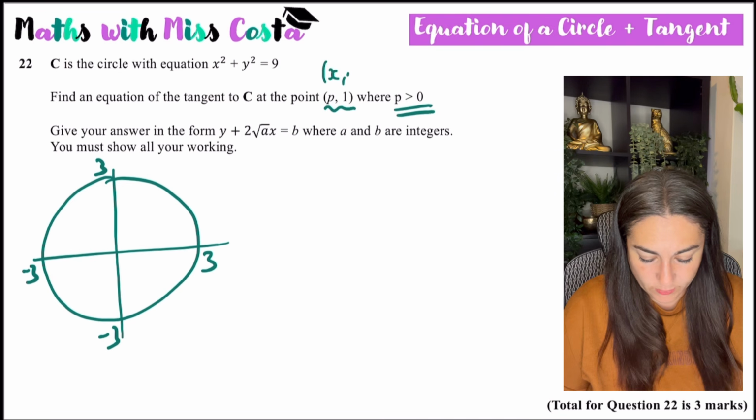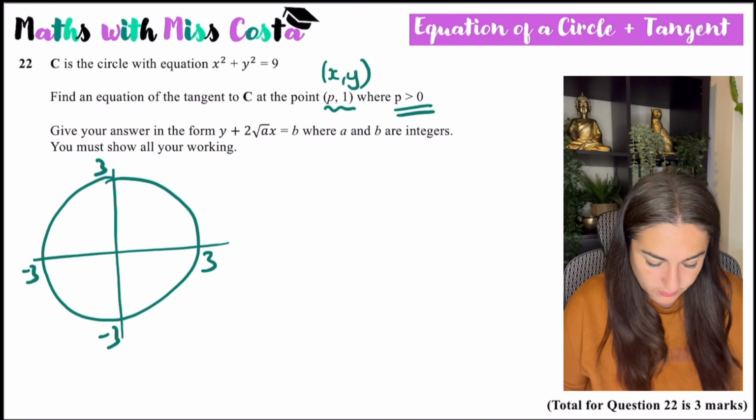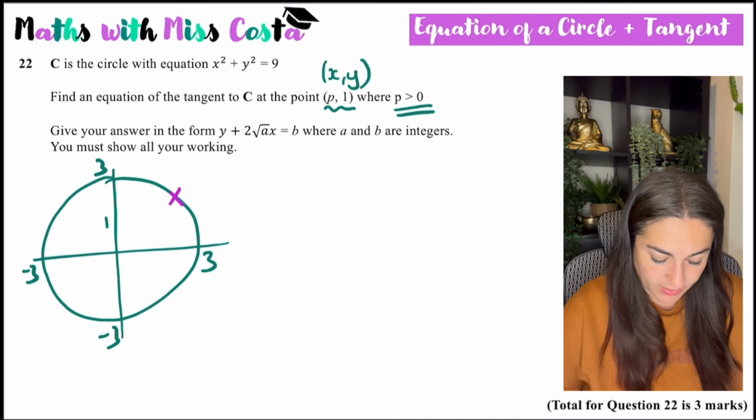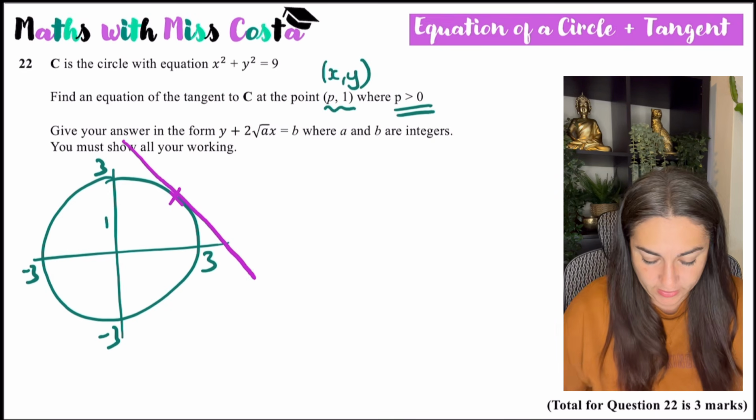The y coordinate is 1, and P is greater than 0, so I know it's going to be in this quadrant here. So P could be somewhere like this, and your tangent is going to look like that.